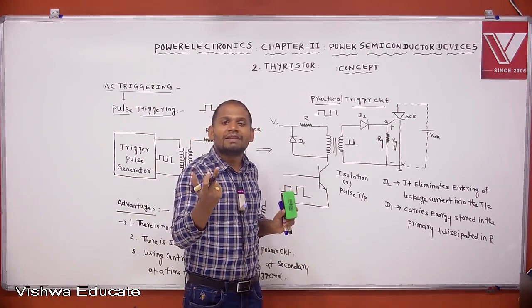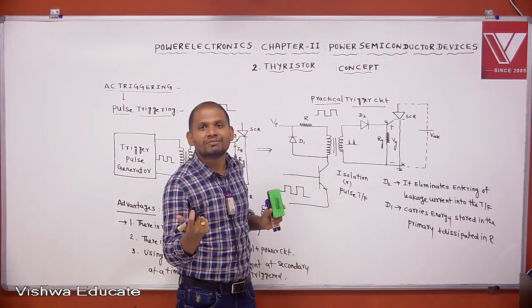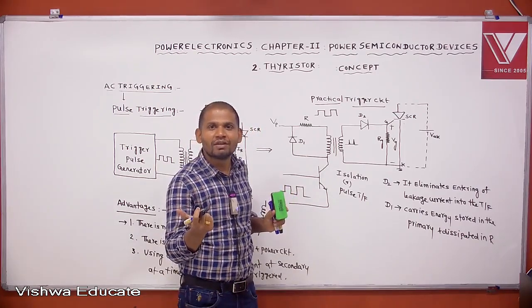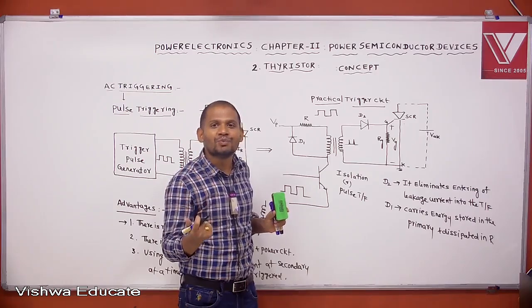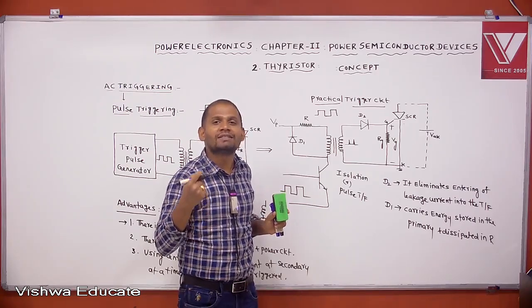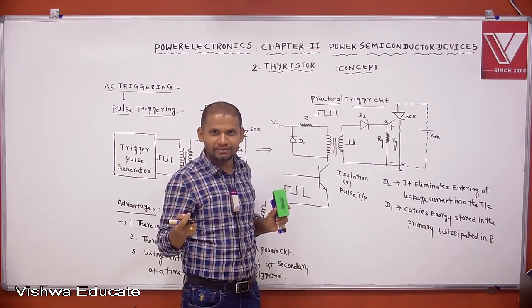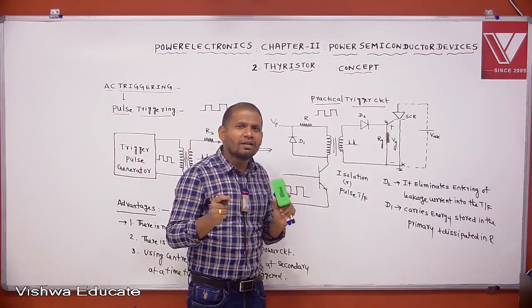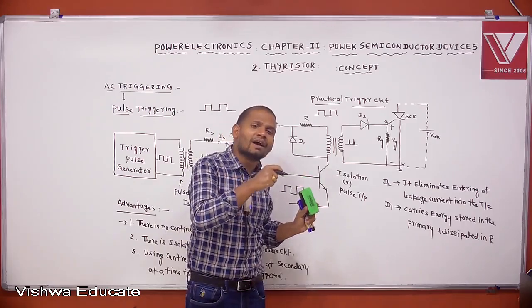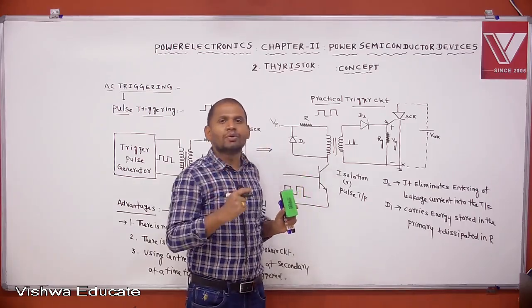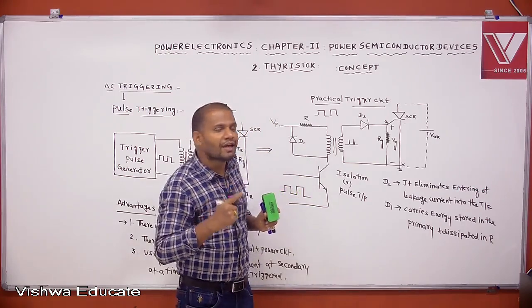Then there is high noise rejection, that means high noise immunity. The holding current is also improved, holding current is increased. All these are the advantages of connecting a resistance across the gate cathode terminal.